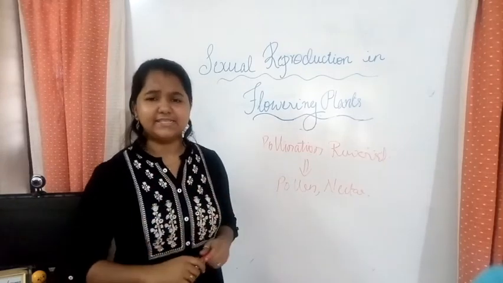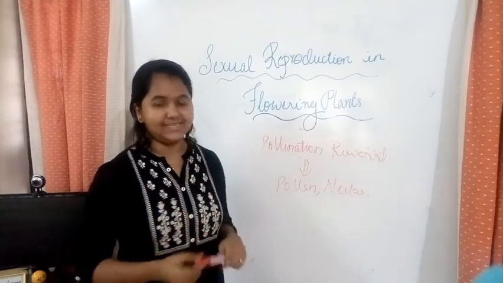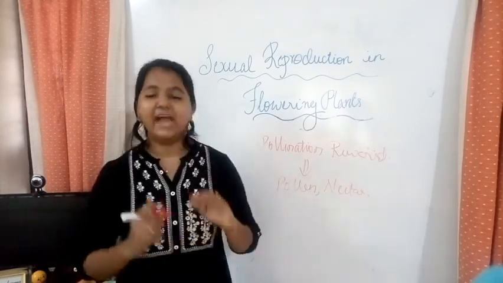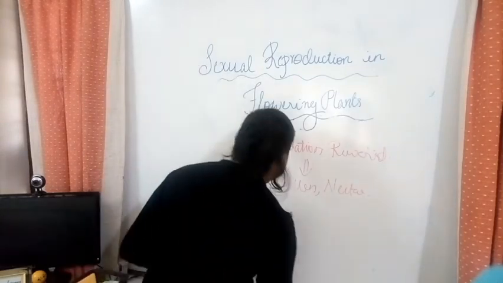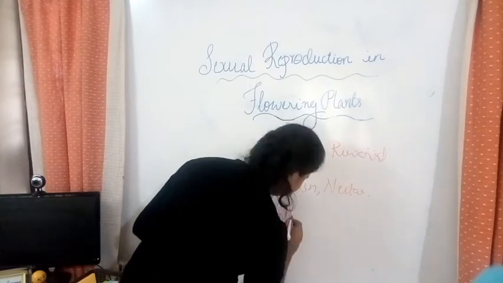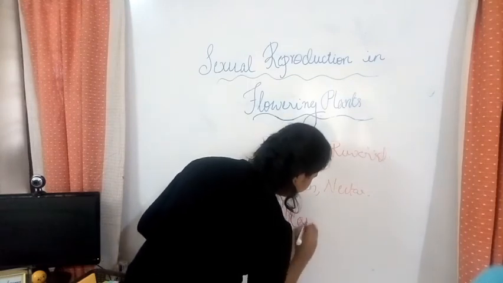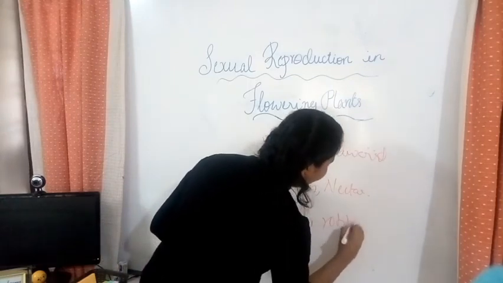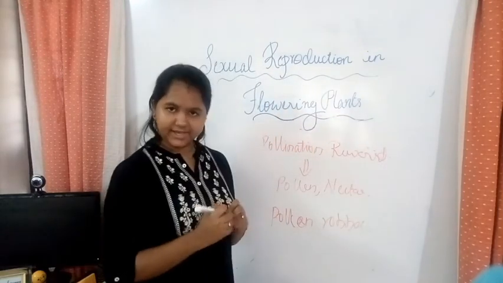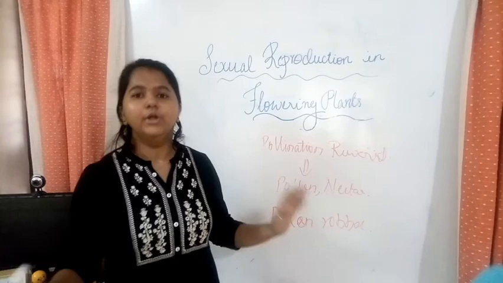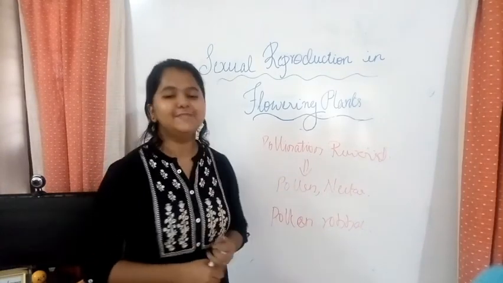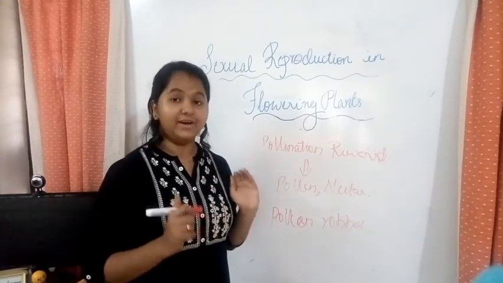In some cases, there are some naughty pollinators who take the nectar and do not help in pollination. They take the nectar or the pollen without doing pollination, so they are known as pollen robbers or nectar robbers.